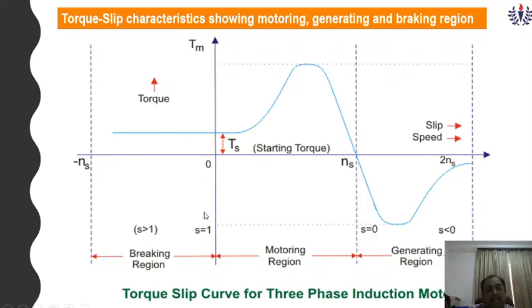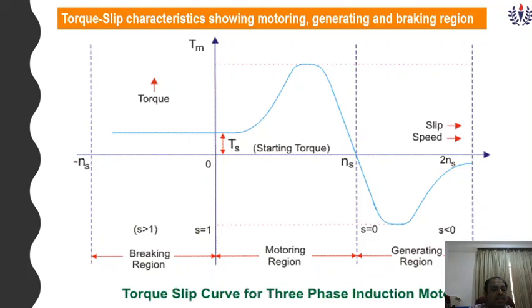For the machine to act as a generator, the slip value will be less than 0, that is, negative. The negative slip indicates the rotor is running at a speed above the synchronous speed. For example, Ns is 1500 rpm but the Nr value is 1600 rpm, which is very high because Nr is greater than Ns.